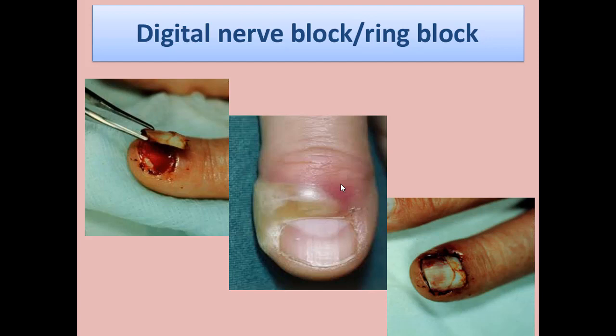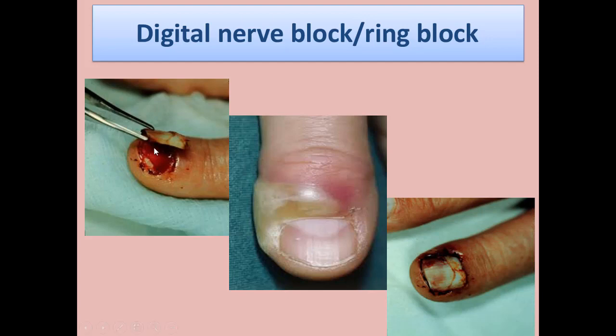Other thing is that it won't work because of the difference in the pH as well. So that's why digital nerve block is very much suitable for such type of surgery.